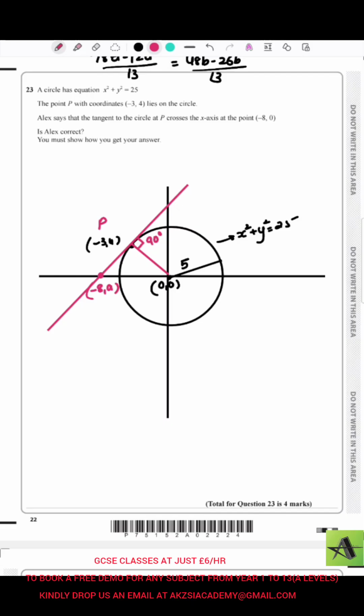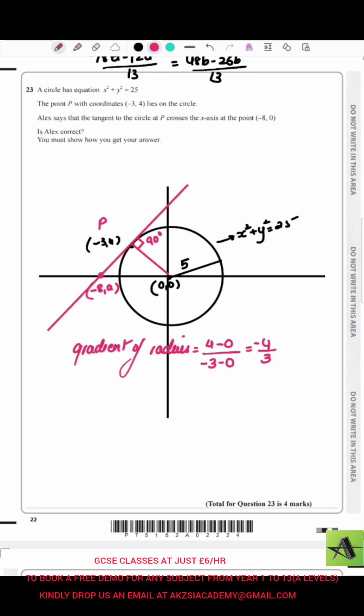So the gradient of the radius is y2 minus y1, that is 4 minus 0, over x2 minus x1, which is -3 minus 0, that is -4 over 3. That's the gradient of the radius. As I told you, if two lines are perpendicular to each other, the gradient of one line is always the negative reciprocal of the other.